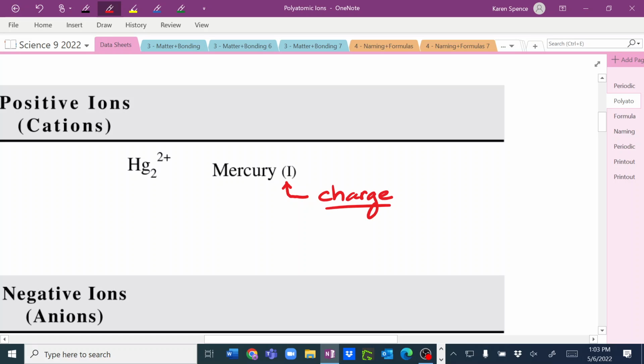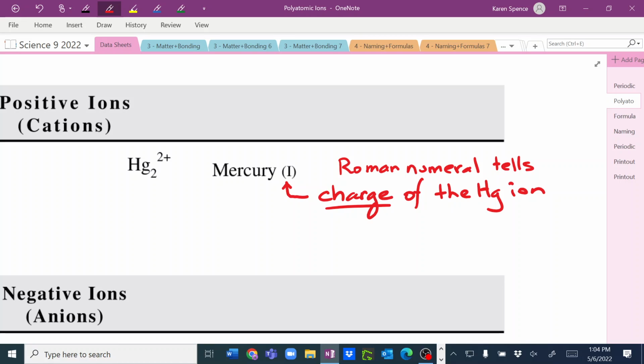Okay, the Roman numerals tell us the charge of the Hg ion. So the Roman numeral tells the charge of the Hg ion. Yes.